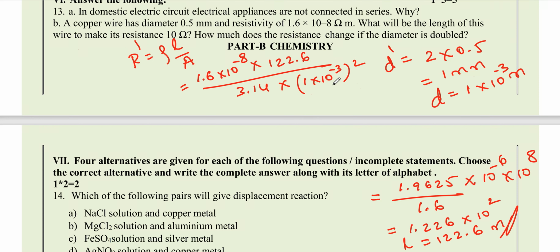Denominator goes to the numerator: the 4 goes up, and pi into d square stays in the denominator. Now calculate. So simple.